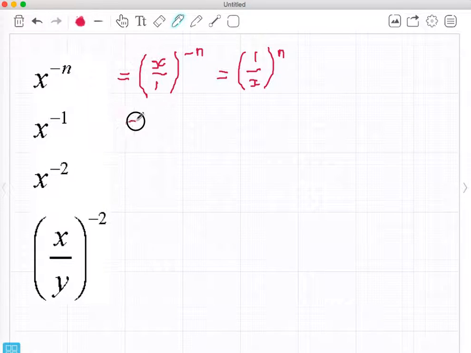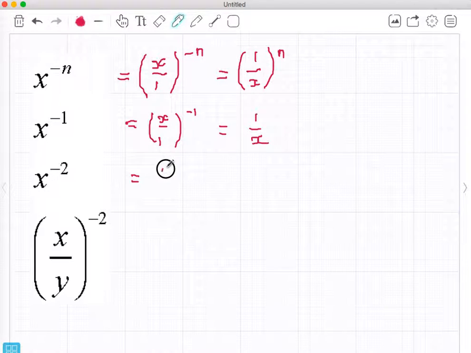So this one, we think about this being x divided by 1, because that's the same as x to the power of negative 1. The negative flips the fraction, so it becomes 1 over x to the power of 1, which we don't need to write. x to the minus 2 becomes x over 1 to the minus 2.